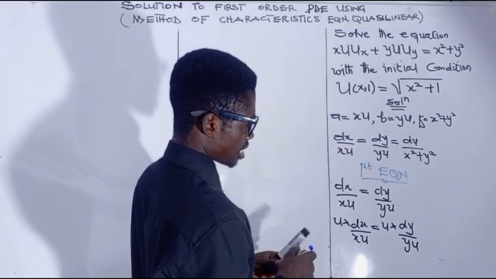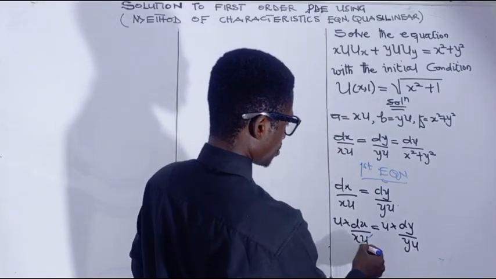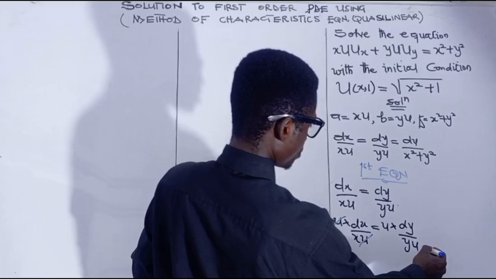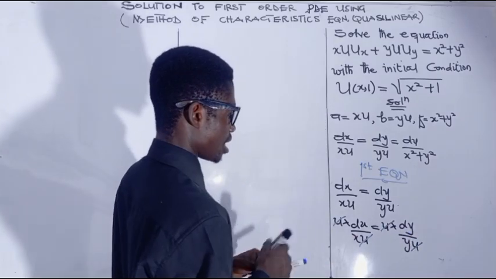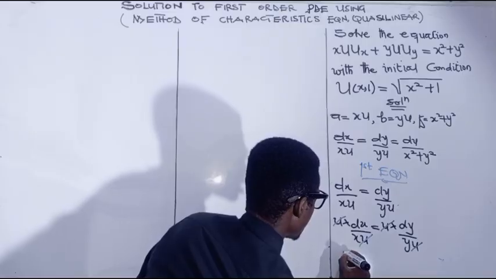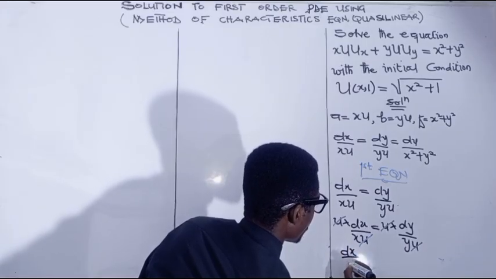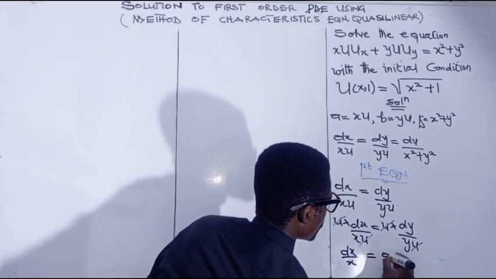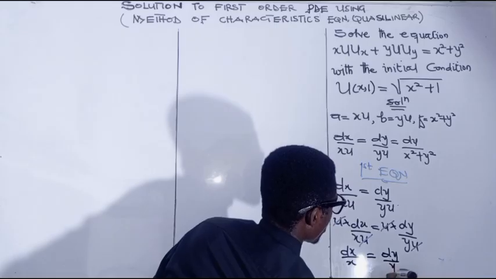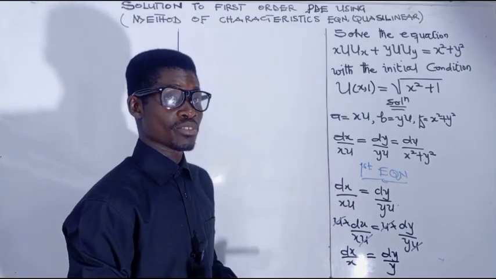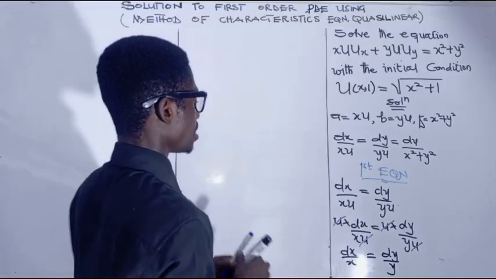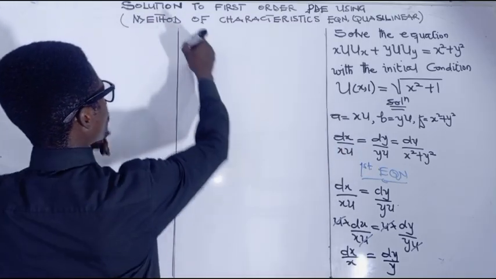From here you can see that this u will cancel and this u will also cancel. So we have dx all over x is equal to dy all over y. From here you can see that we have separated the variables and therefore we can integrate to find our first solution.